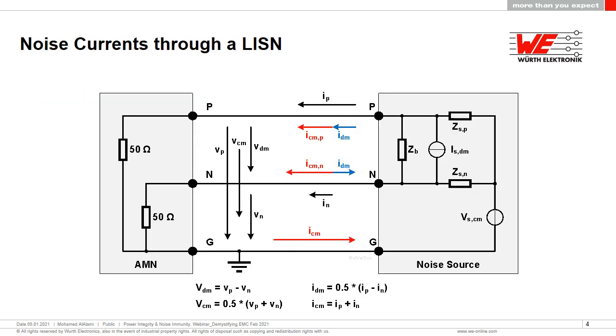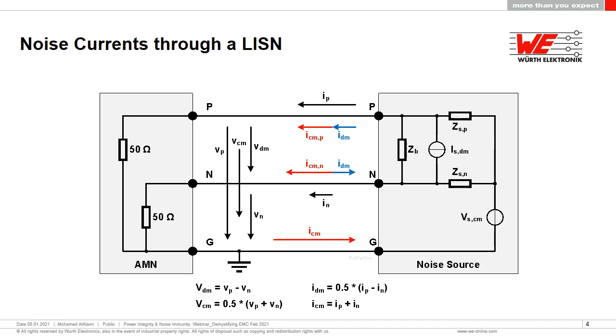So just to show you how this actually works when it comes to performing the testing. You've got your unit, which is your noise source on the right hand side, which is usually connected to a LISN, a line impedance stabilization network. What we're looking at is the plus, the positive, the negative, the live and the neutral, and the ground or earth. On these lines, we will see both differential and common mode noise being conducted.